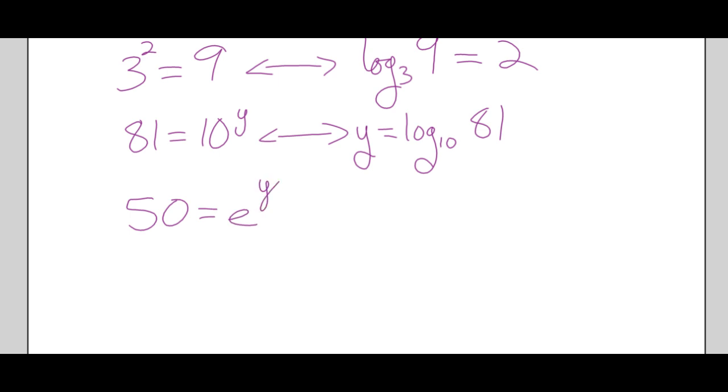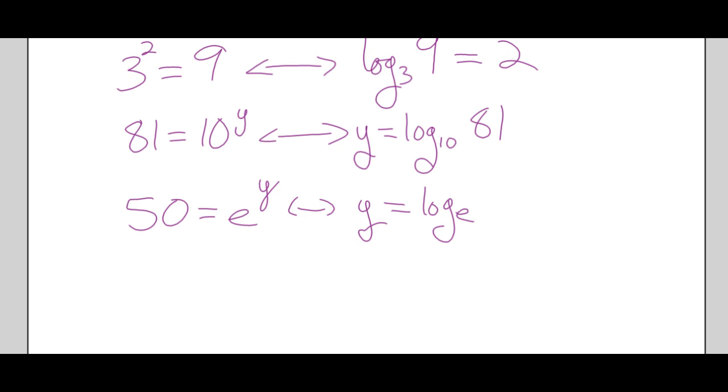The base e. If you want to do a log base e, I ask you, what's the base? So you say, okay, the base is e. So what do I write? Well, you could write y, because that's the exponent, right, is equal to the log base e. So instead of a 10, we just use e. It's that magic number.